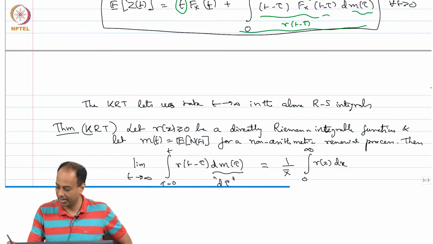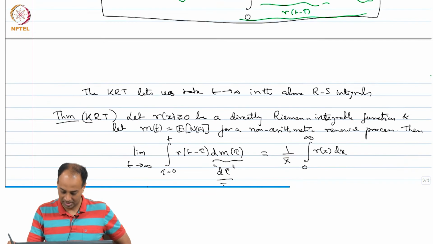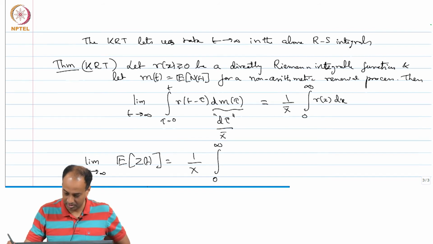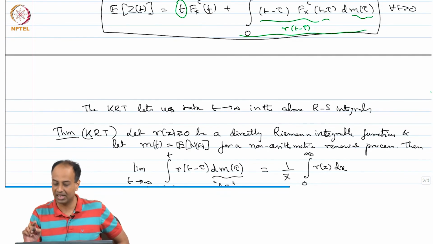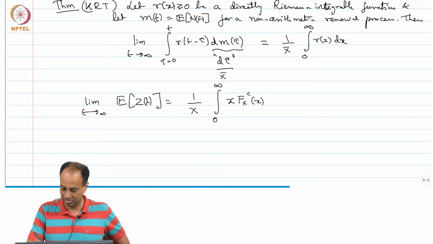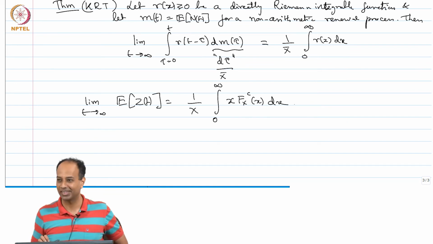So, I can simply write down the answer as 1 over x bar integral 0 to infinity of x F_X complement of x dx. You have to show that x F_X complement is directly Riemann integrable. Okay, it is, take it from me that it is.